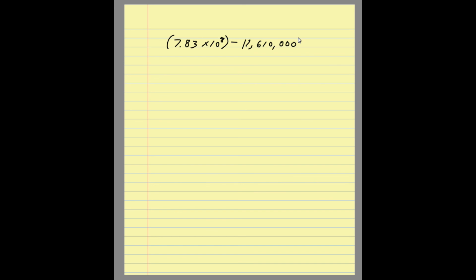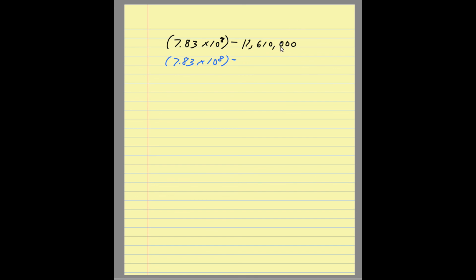That second number, that 11 million number, is not in scientific notation yet. So the first thing we want to do is rewrite this problem so that we can see the second number also in scientific notation. All right, so let's write it like this. So what is this number in scientific notation?